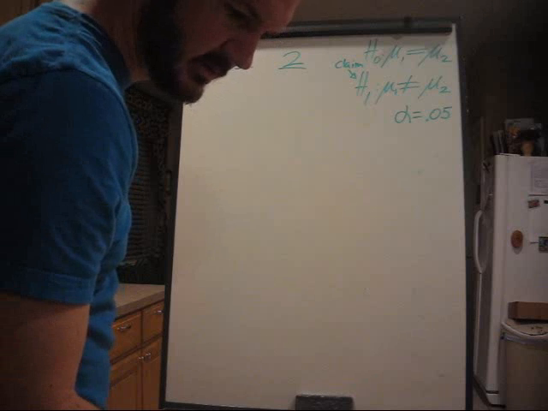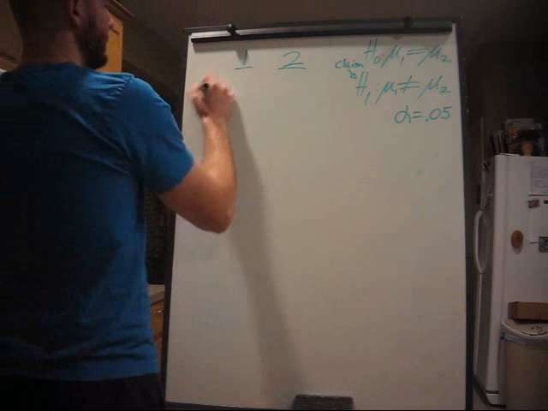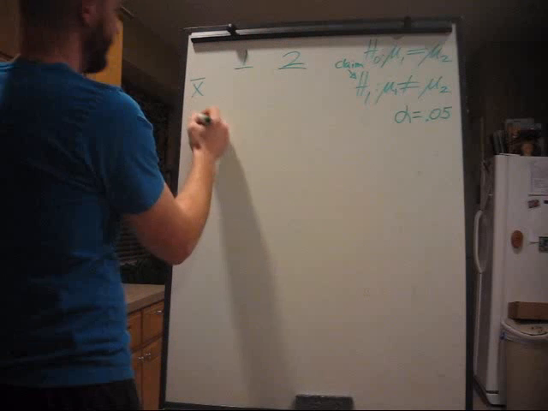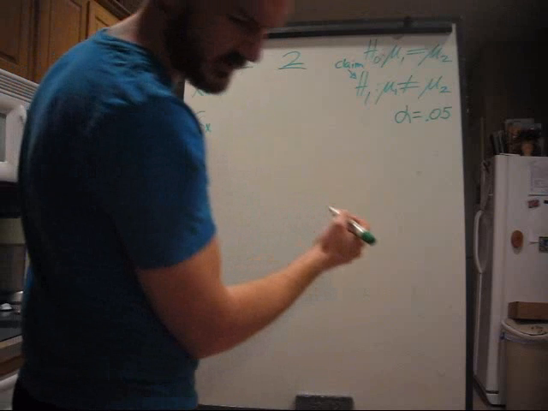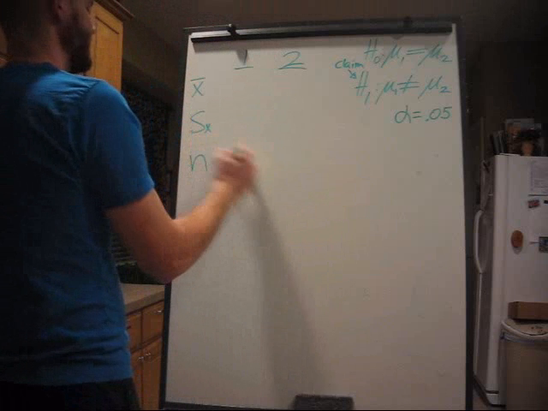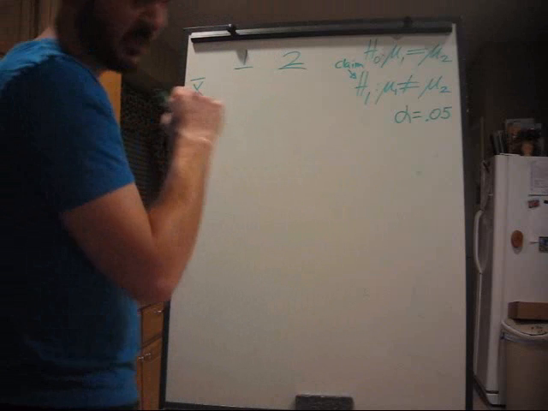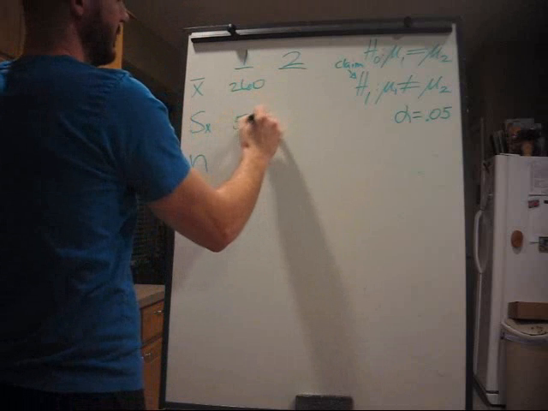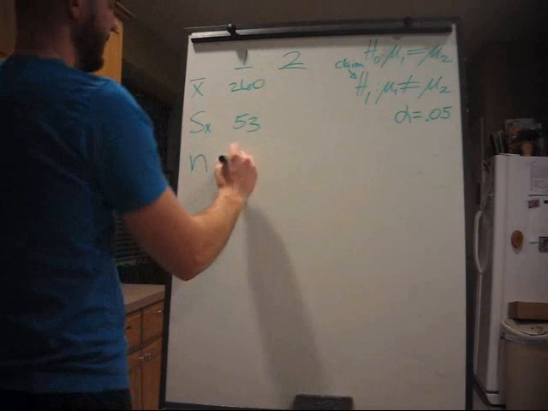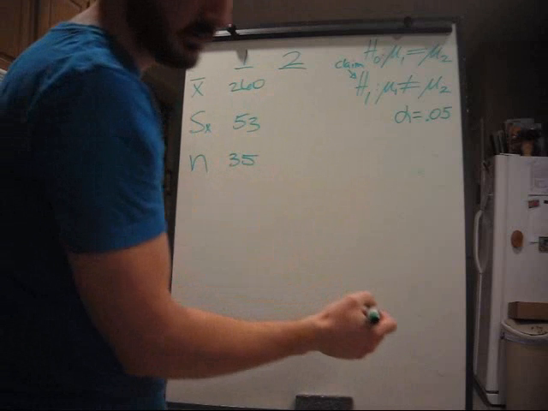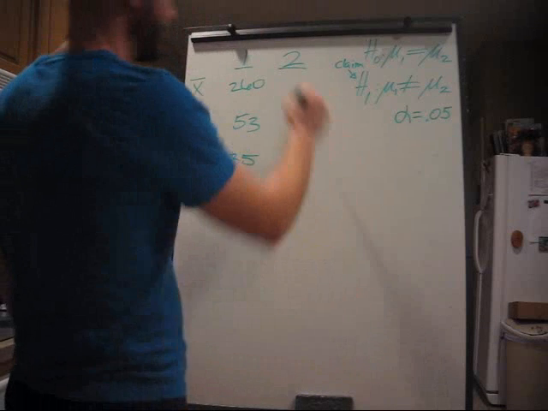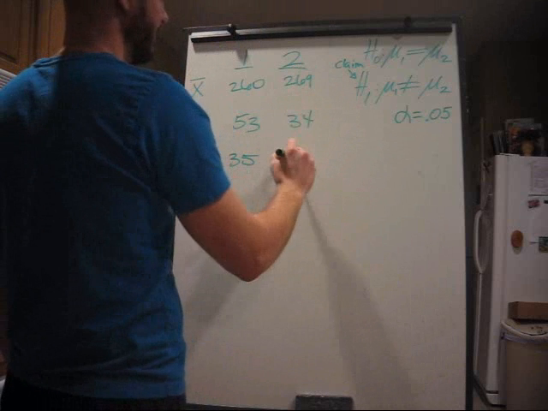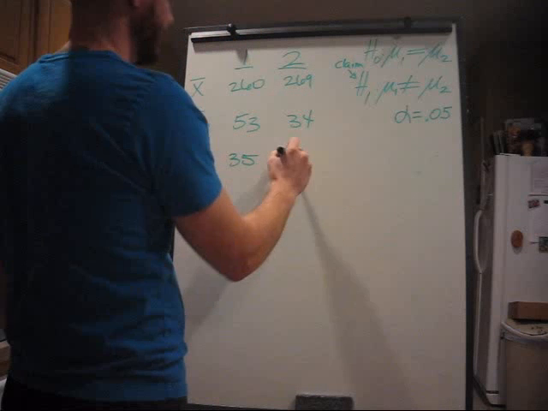We have mean speed, standard deviation, and sample sizes. So the numbers we're using are 260, 53, and 35 for group 1. For group 2, we have 269, 34, and this was also n is 35.